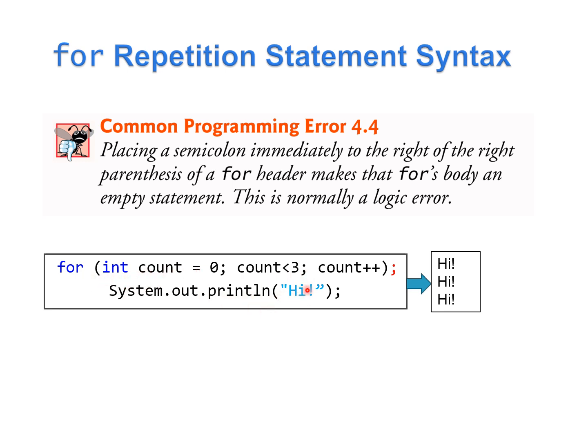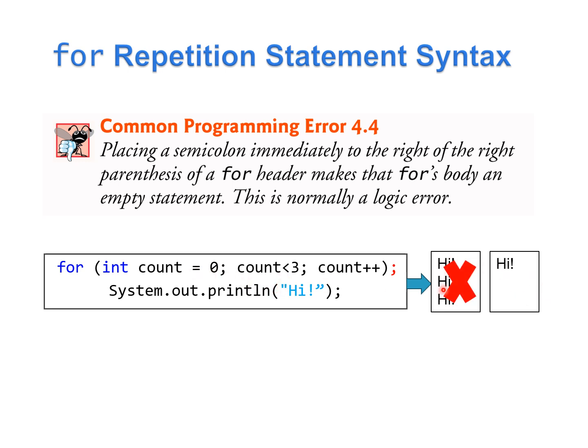But if we place a semicolon at the end of the for header of this for loop, the body statement, which prints out the word hi, becomes a statement after the for loop. So it executes only once instead of 3 times. So by placing this semicolon, the code fragment will print out only one hi instead of 3 hi's.